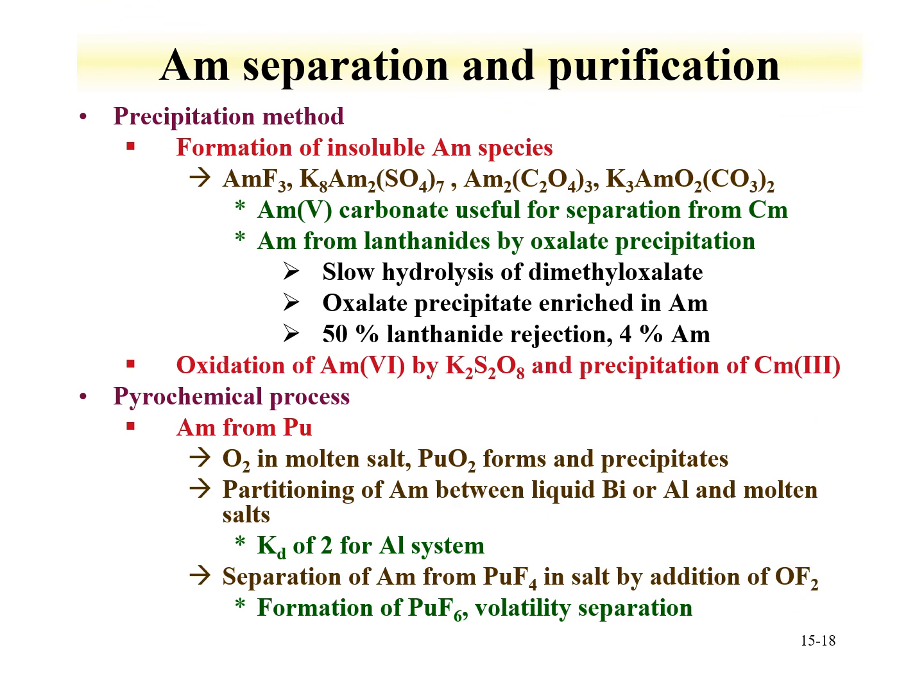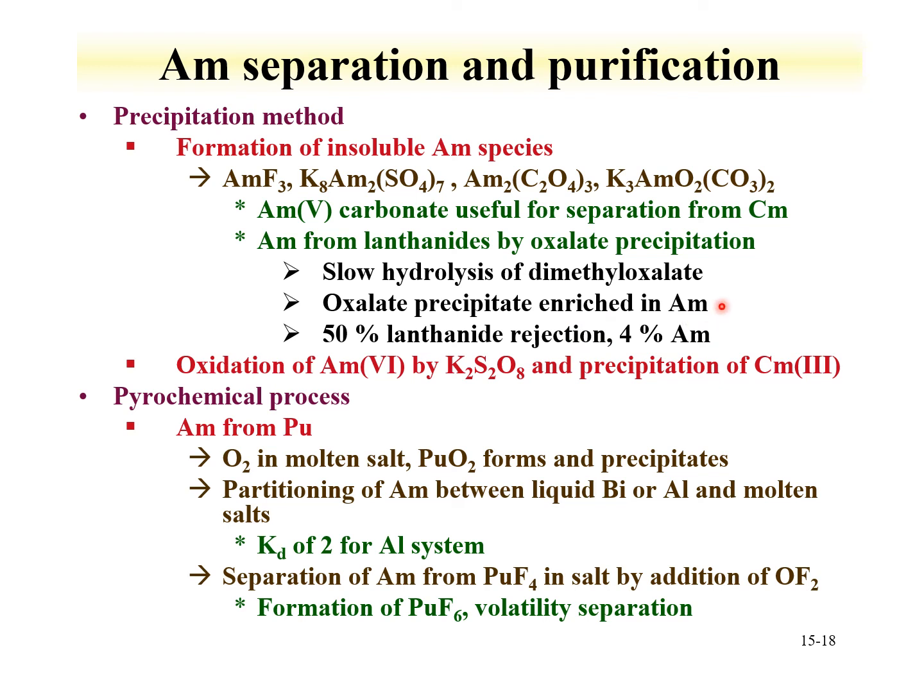Americium can also be separated from the lanthanides by oxalate precipitation, where particularly the use of dimethyl oxalate is a route for this selective method of precipitation to achieve 50% lanthanide rejection, with only 4% americium rejection.